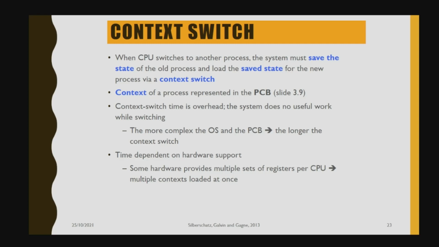Some hardware provides multiple sets of registers per CPU, so multiple contexts can be loaded at once. So it depends on your hardware, whether it provides the capability or not. That is the context switch, switching from one state to another.